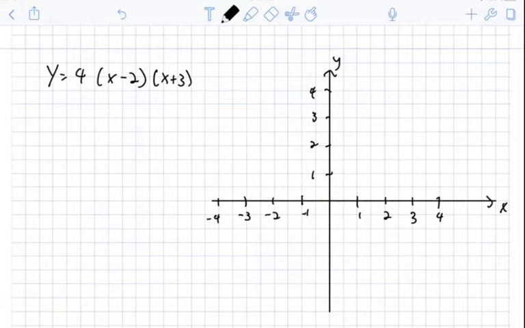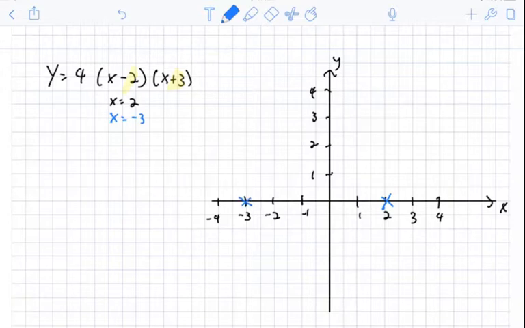You don't know where the vertex is. Instead, this is the factored form, so you know what the roots are. So one of the roots is going to be at x is equal to +2. So you know that the function crosses the axis here. And the other root is at x equals -3. So the function crosses the axis here.